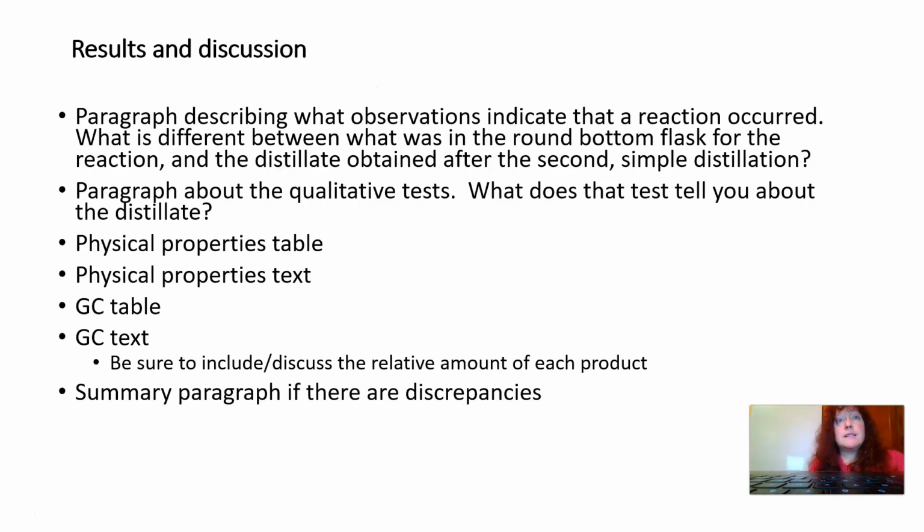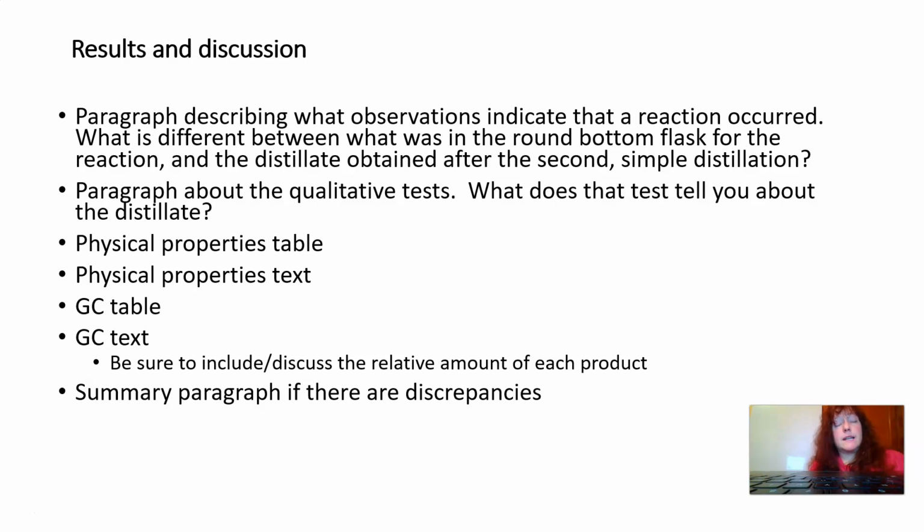For your results and discussion, I always like this one because it has a nice logical progression to it. So you start with that paragraph saying, this is how it was obvious that a reaction had occurred, and that there are indications that it occurred in the way we expect, because we expect to get some products with double bonds. You have a way that you tested that.